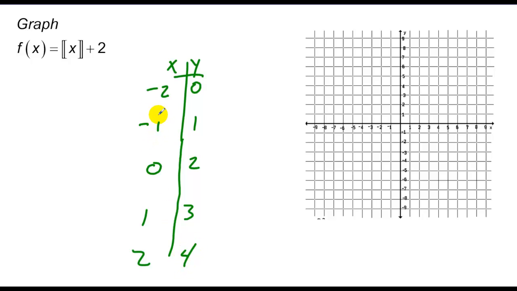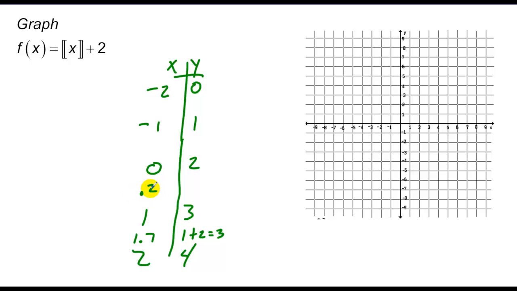Now, let's plug in these decimals. Probably easier to start with the positives. For some reason, people understand that better. The greatest integer of 1.7 is actually 1. Then I add 2 to that, and I get 3. Let's take the number 0.2.